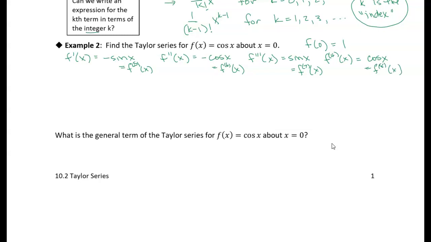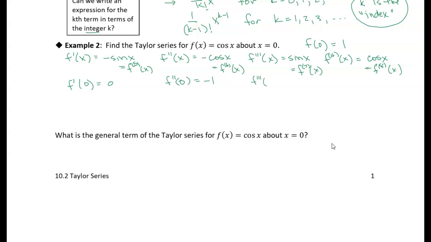All right, so now let's compute the values at 0. f prime at 0, we put in 0 to negative sine of x, sine of 0 is 0, right? So that's going to be 0, which means that also the fifth derivative is 0. The second derivative at 0, we put in 0, cosine of 0 is 1, but it's negative of that, so the value of the second derivative at 0 is -1.